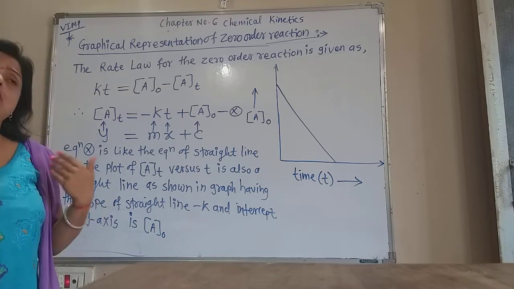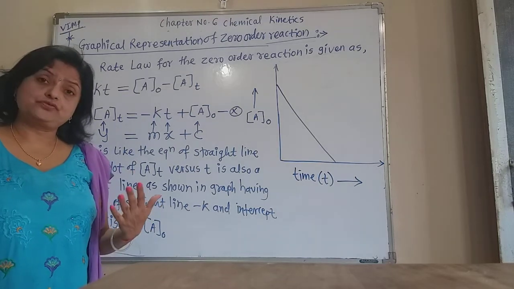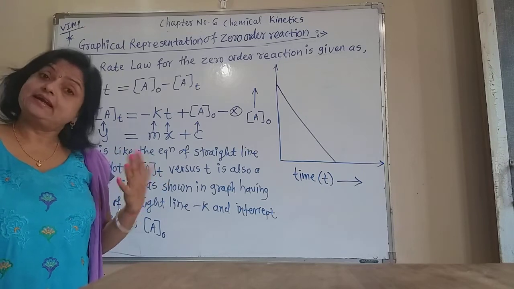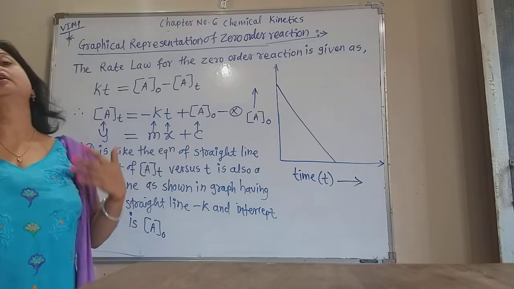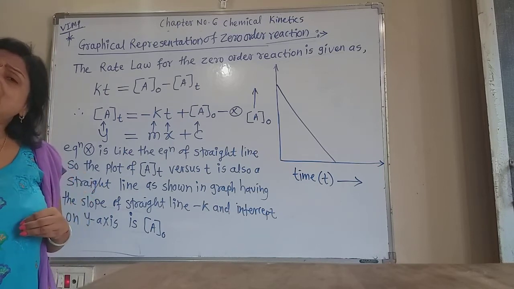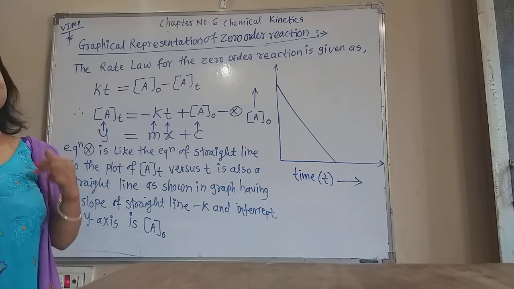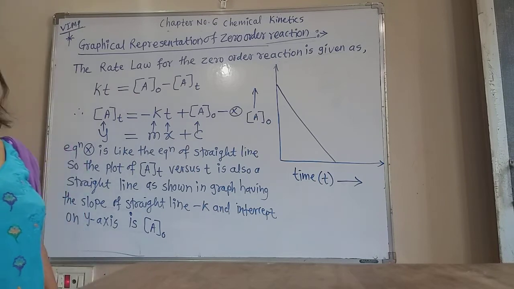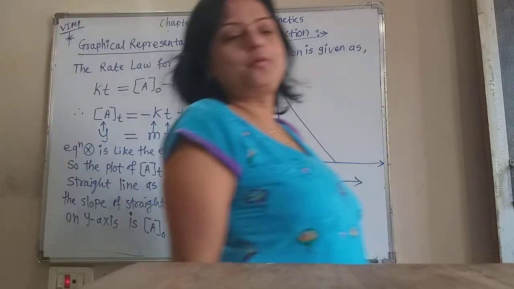Suppose there are some reactions which are higher order, such as second order or third order, but they follow the kinetics of first order reaction, so they are called pseudo first order reactions. Let us see what that is.